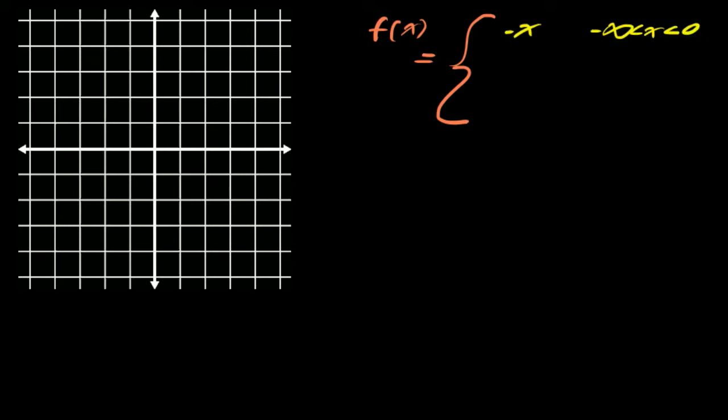Sorry, I'm going to go a little fast. And then it was going to be equal to 2 at x equals 0. And then we said it was equal to x squared for 0 less than x, which was less than infinity.